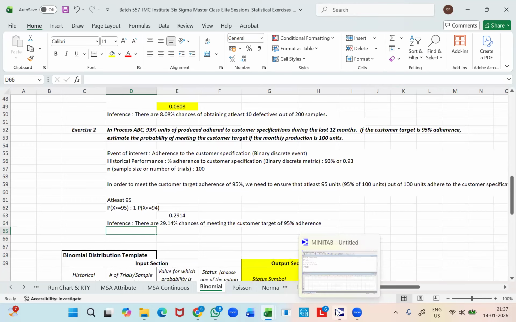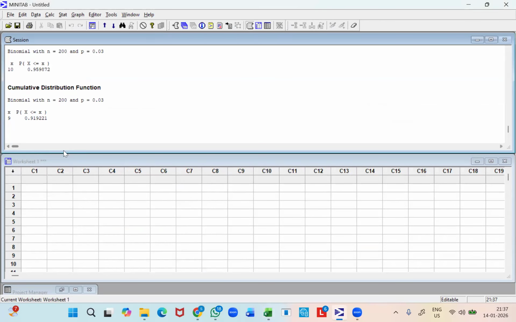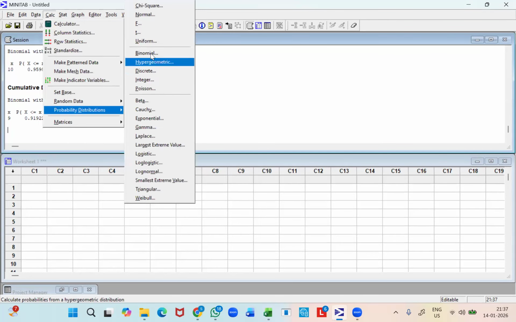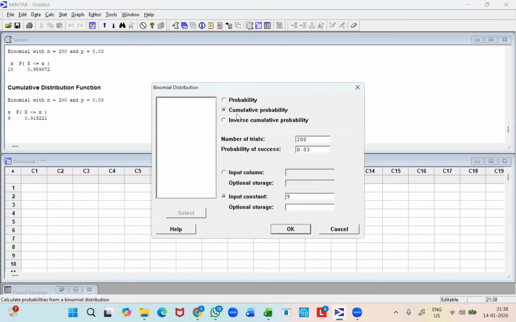If you are solving this using Minitab, we will not get the final answer in Minitab, but we need to solve for P of x less than or equal to 94, and then go to Excel and subtract that value from 1. Click on Calc, Probability Distributions, and then Binomial. Retain cumulative probability.